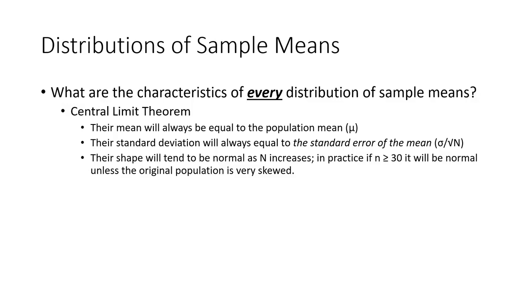Usually around 30 is enough to correct the skew of the population in the distribution of sample means. Now, if the population is very, very skewed, then you might need a bigger sample. But generally, around 30 will yield you a normal distribution of sample means, even if the original population is somewhat skewed.